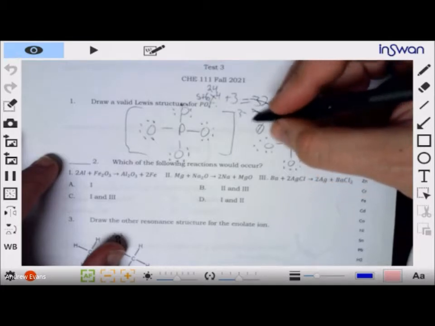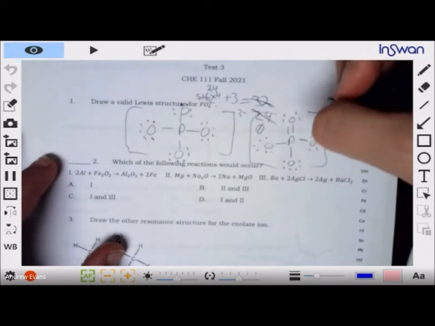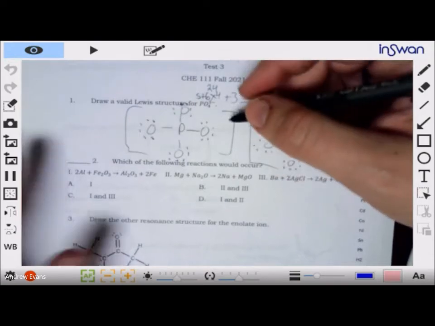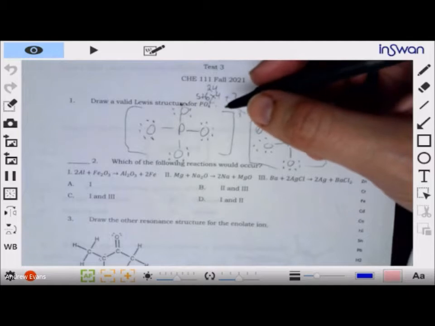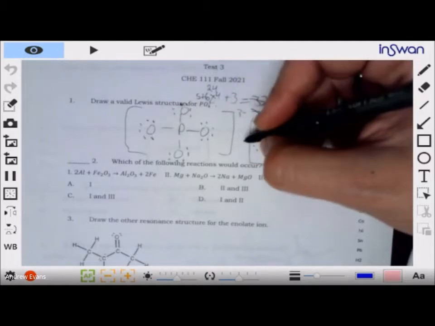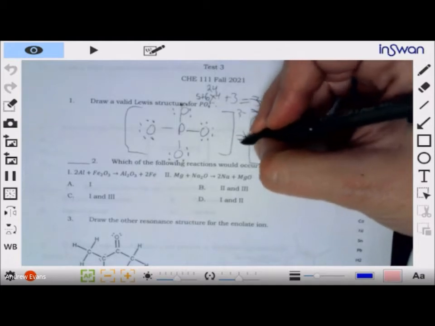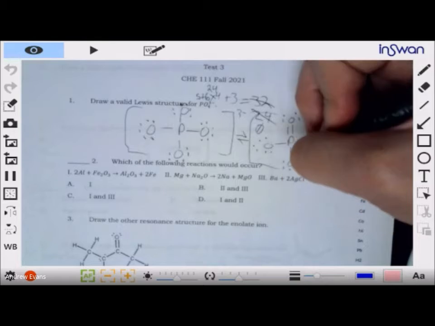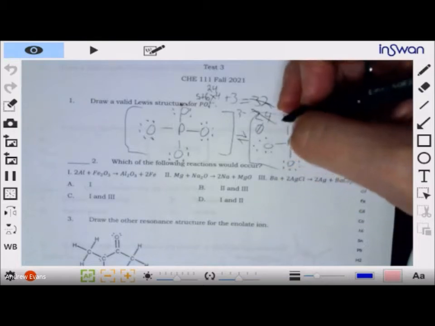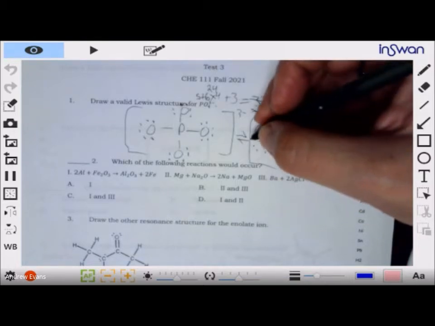So now we'd have 3 formal charges instead of 5. But either way, either of these structures would work. This is an example of a resonance structure. They can resonate between the two, and this double bond can resonate to all 3 other positions.